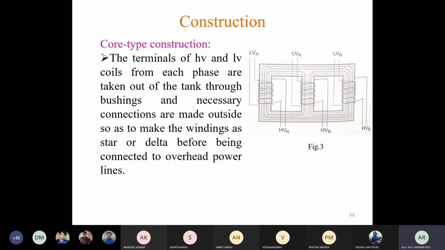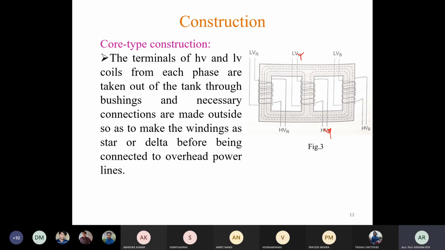The terminals of high voltage and low voltage windings are taken out through bushings and other insulations from the tank. This whole arrangement is placed inside a tank and that tank is filled with transformer oil for cooling purposes and also for insulation purpose.